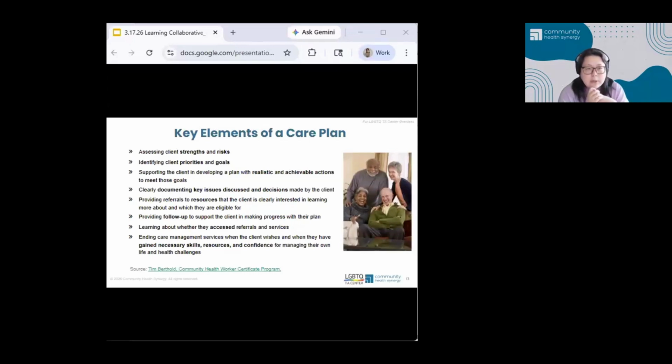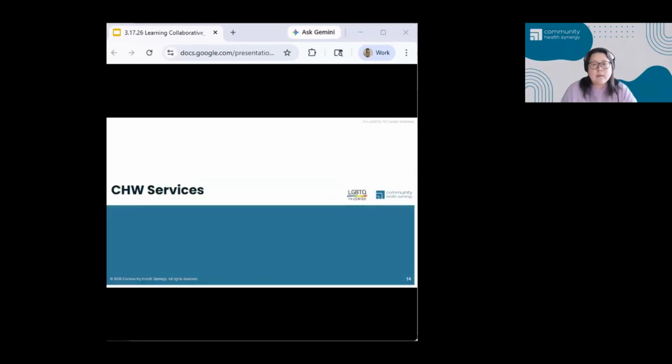So many managed care plans really care about closing care gaps and closed loop referrals so clients aren't left hanging after a referral. So, here you also would document ending care management services when the client wishes or when they have gained the necessary skills, resources, and confidence to manage their own life and health challenges.